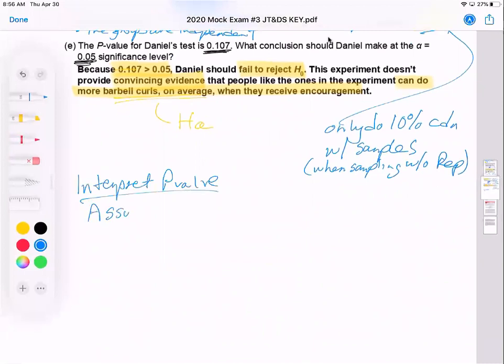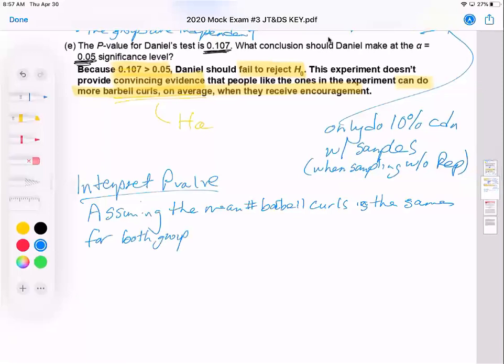So we'd say, assuming the mean number of barbell curls is the same for both groups with or without encouragement.